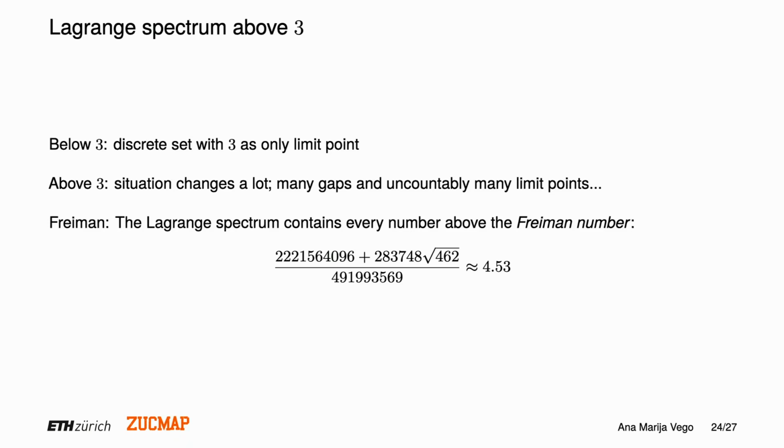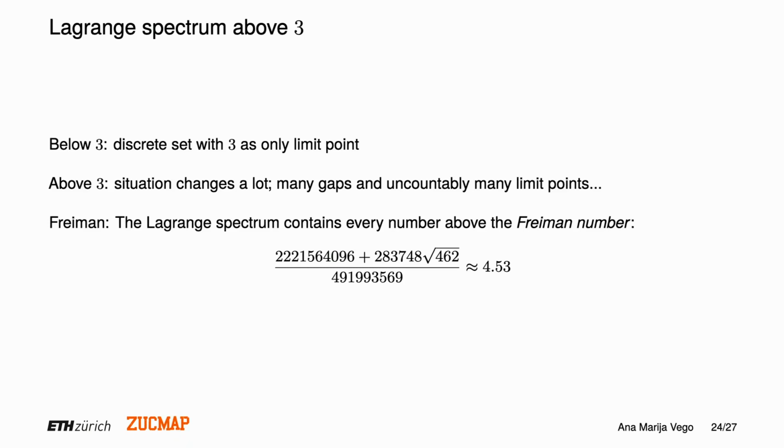So what happens above 3? Well, the situation changes a lot. There are many gaps, weird stuff is happening, there are uncountably many limit points, and so on. So it's not so nice. But something that Freiman discovered is that the Lagrange spectrum contains every number above the Freiman number, which is this weird fraction between 4 and 5.